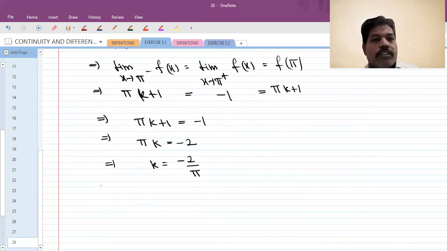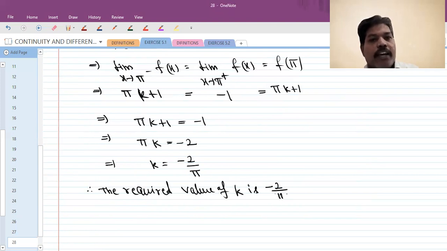So therefore, what is the required value, students? The required value of k is minus 2 by pi.